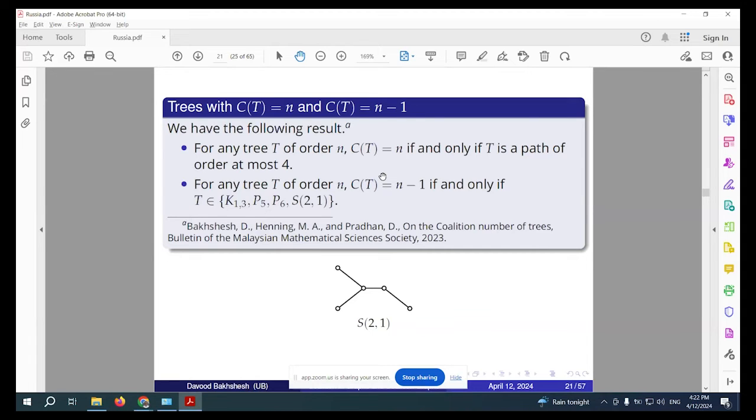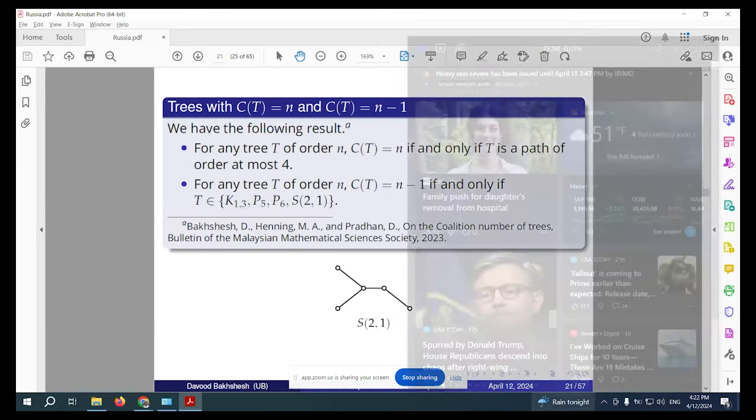And also we prove that for any tree T of order n, C(T) is equal to n minus 1 if and only if T belongs to the family of four graphs: the star K1,3, the paths P5 and P6, and the tree S21, which is depicted here.